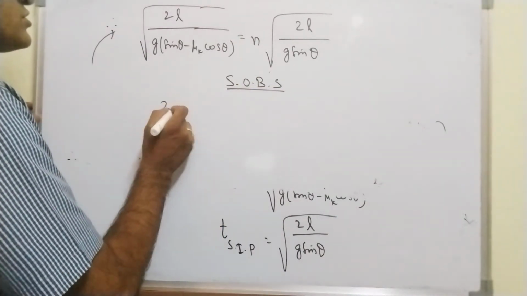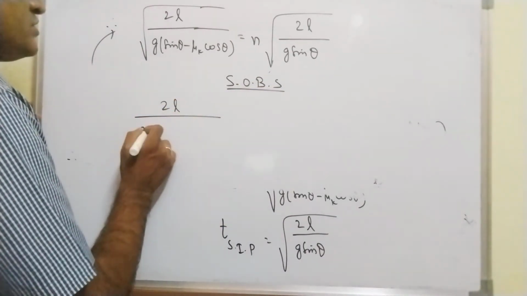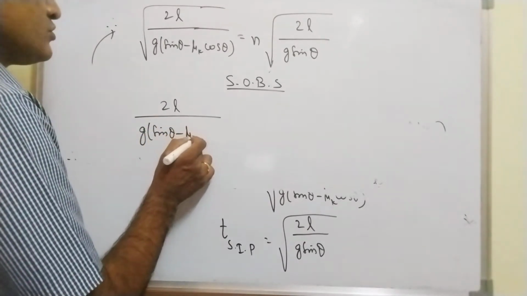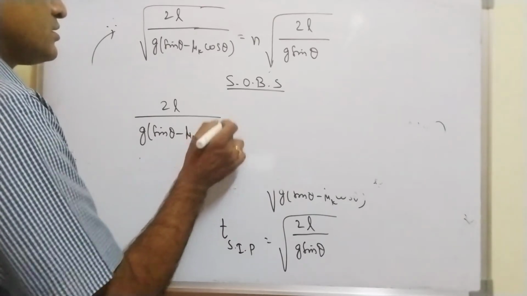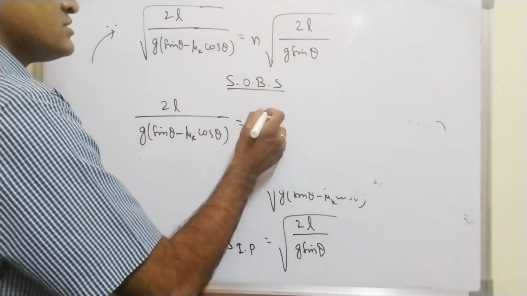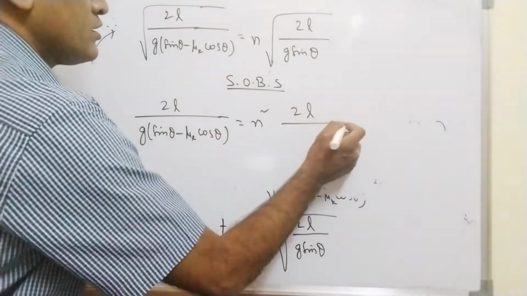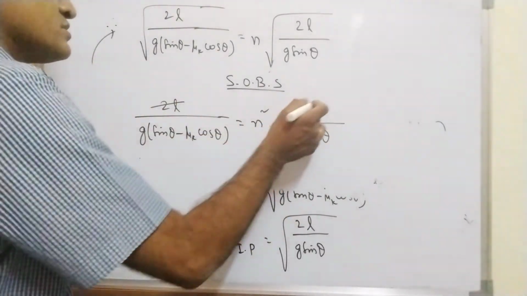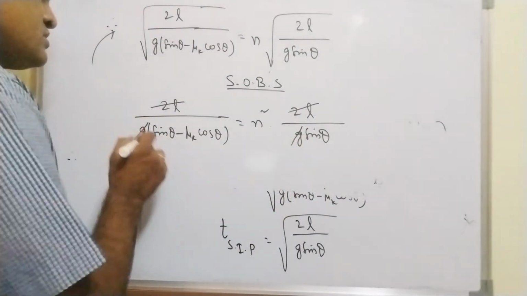So what I get is 2L by G into (sin theta minus mu k cos theta) is equal to n square into 2L upon G sin theta. You can cancel 2L and G on both sides.